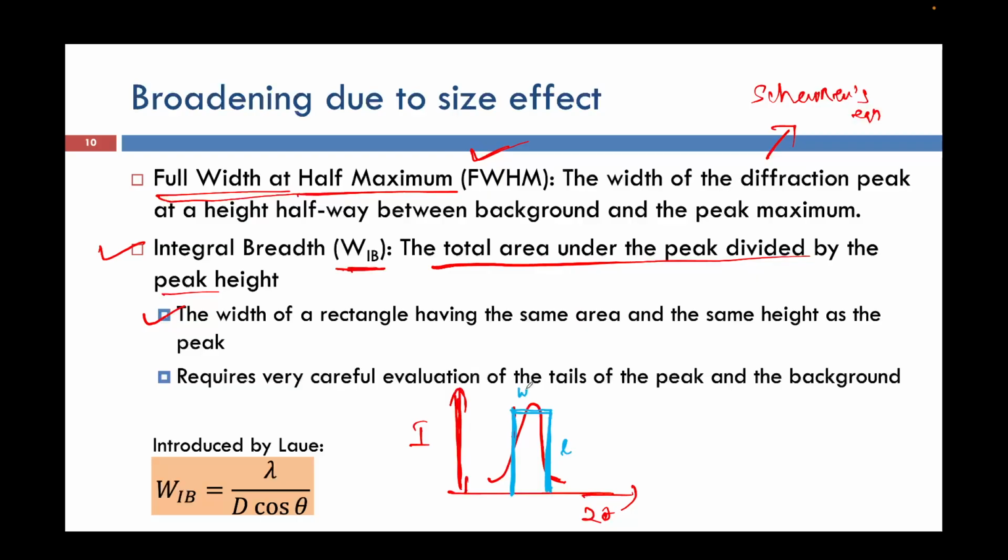Let's say the width is B. I will take my rectangle in such a way that the area of the rectangle will be equal to the area under the peak.